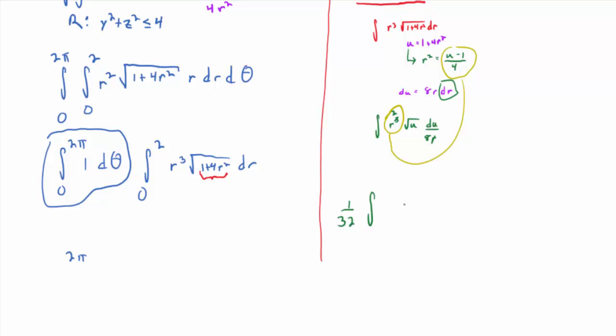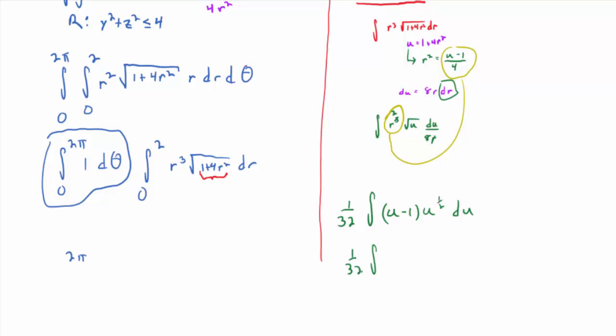And then what's left inside? Just the square root of u? Is that right? I shrank it too much, I can't see it on my screen. So I'll put the u minus 1 right here. Now do you buy that? Okay. And then it's not that bad, is it? Just what do you have to do?